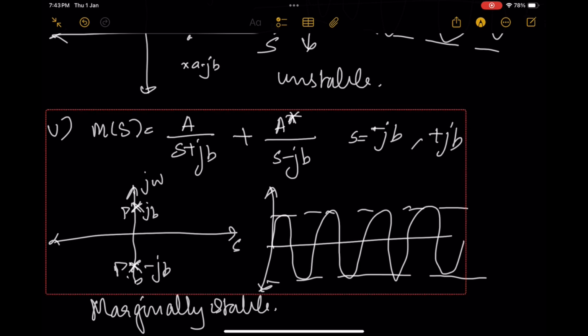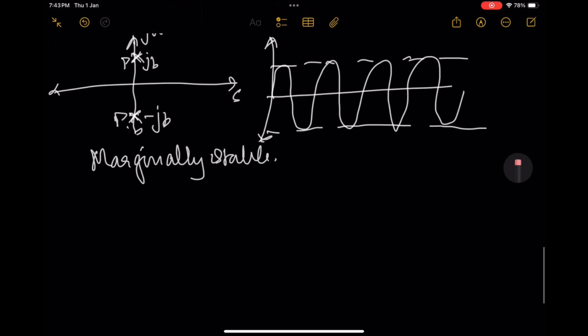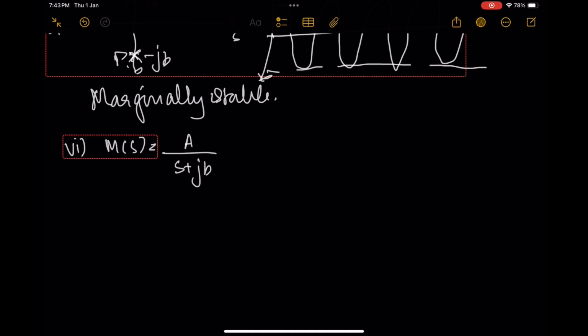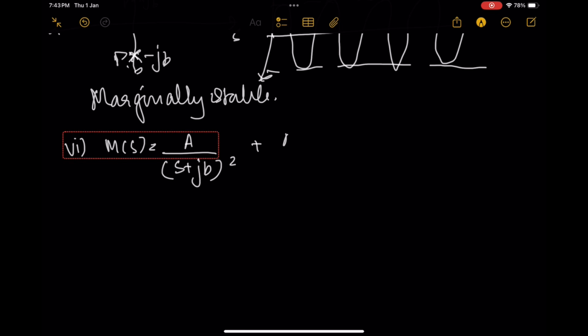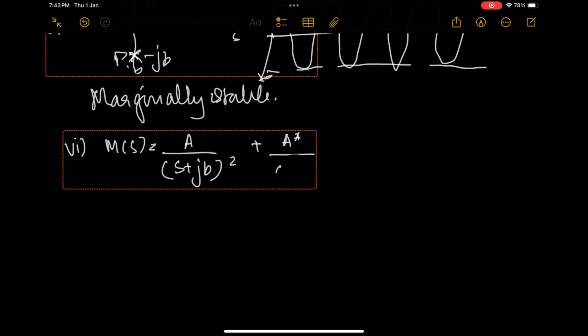But there is another condition possible. I am considering the next possible equation, that will be a sixth equation, that is m of s equal to a by s plus jb the whole square plus a conjugate by s minus jb the whole square.